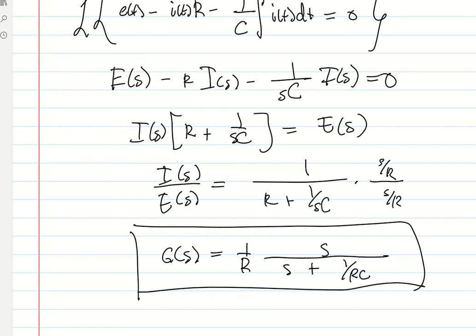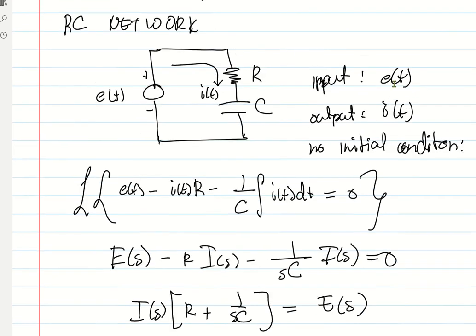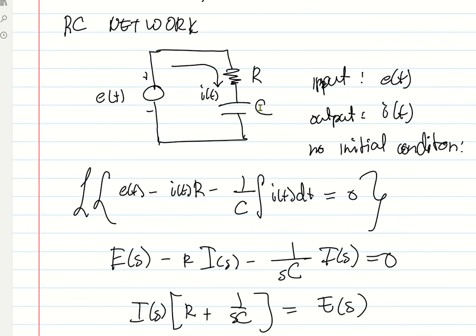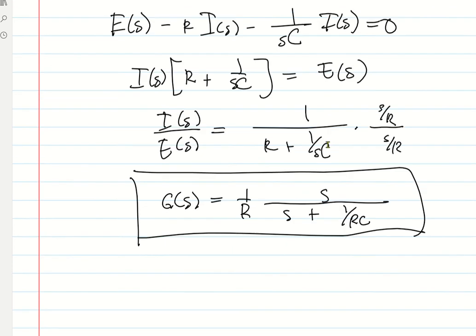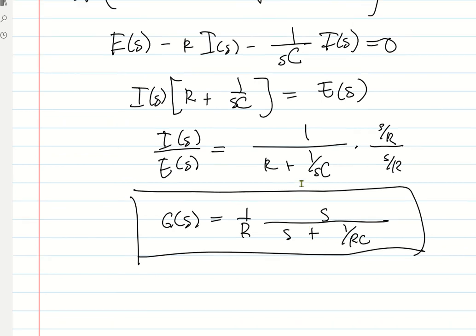Now for RL, we can also derive that in an RL circuit. Take note here: if the voltage across the capacitor is the output, the voltage here, then your derivation and this transfer function will not be valid, because this is the transfer function if the output is the current.